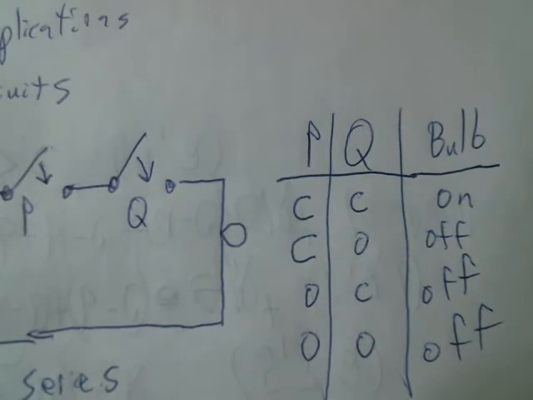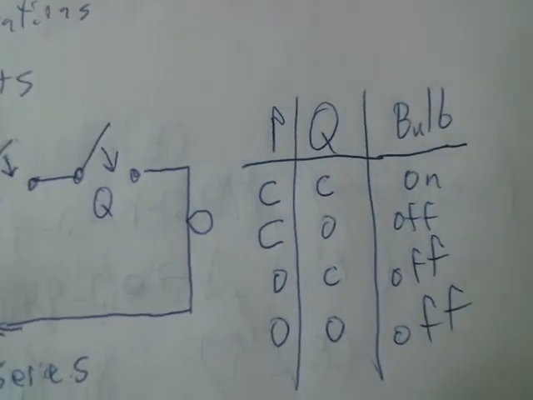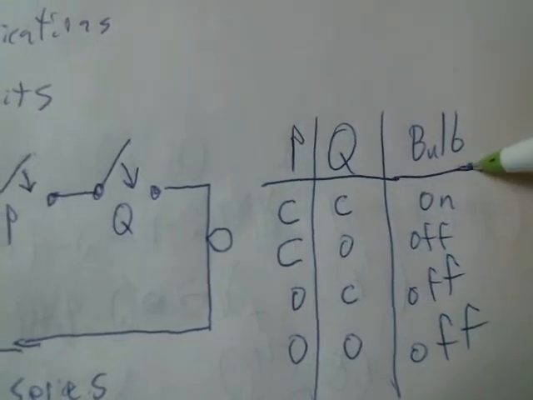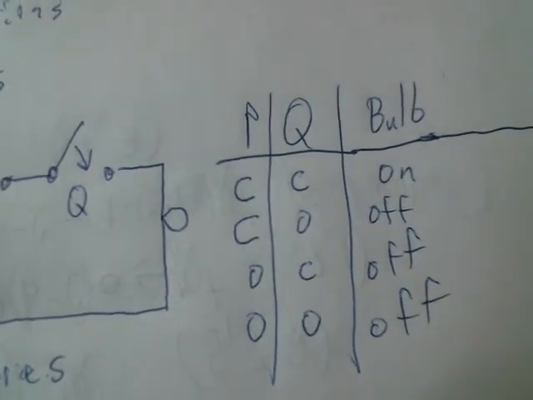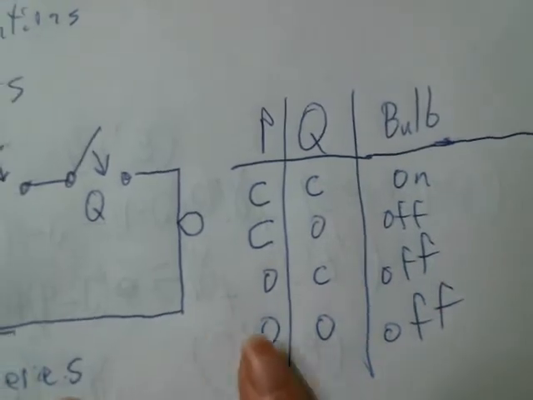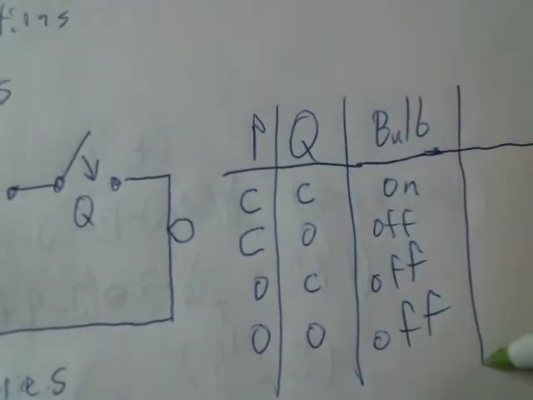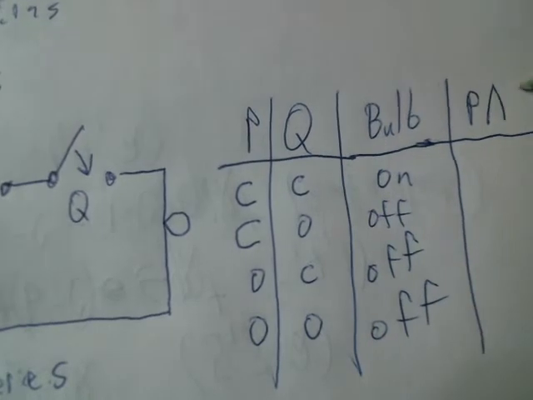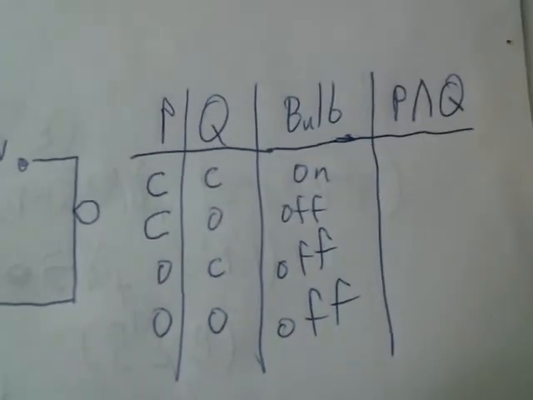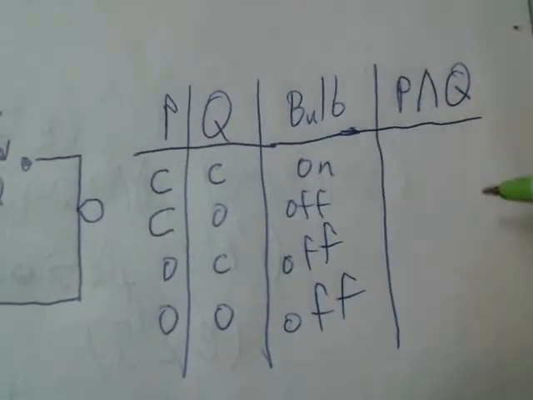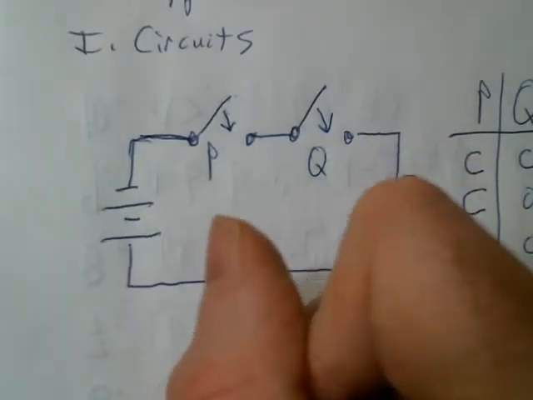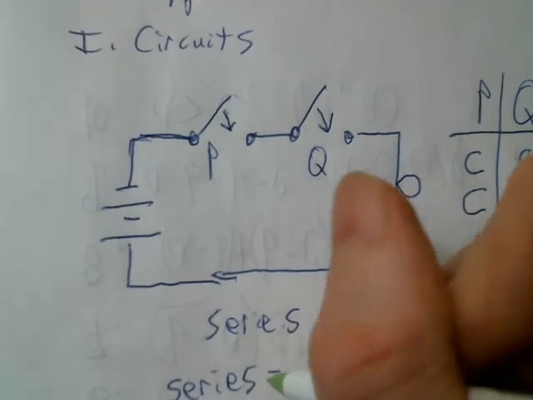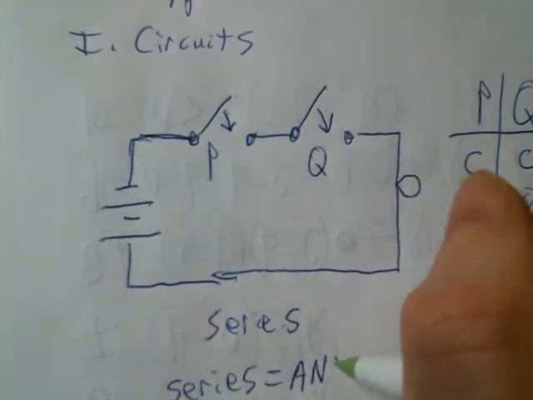Okay. So what sort of simple connector did we have that worked in this form? How does this correspond to truth tables that we've seen before? It's P and Q. It's a conjunction. Okay, so P and Q. So when you have a series circuit, you're talking about ands or conjunctions.